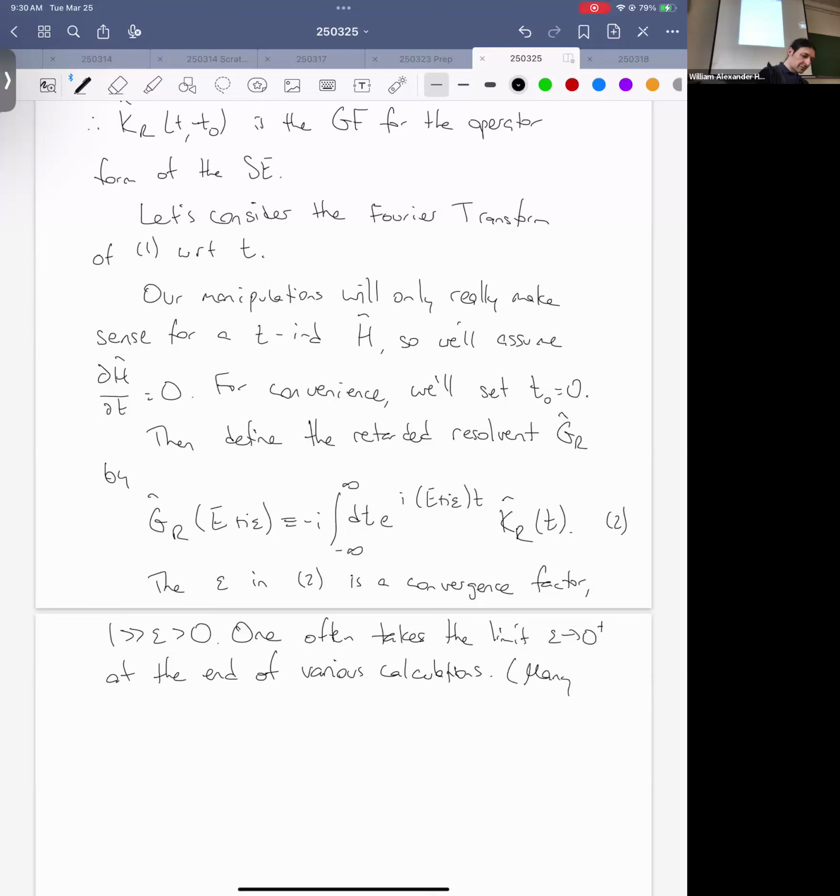And I'd say that many authors leave off the plus i epsilon as implicit in equation 2. So that's just a warning if you're reading up on this elsewhere. Often people will just write G_R of E, and there's just an E up here. But to make things converge, one needs to add the plus i epsilon. And it's a plus i epsilon to mean that one is integrating up to positive infinite time.